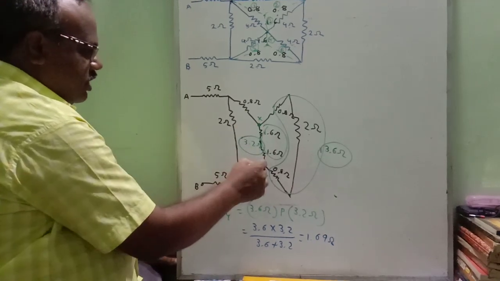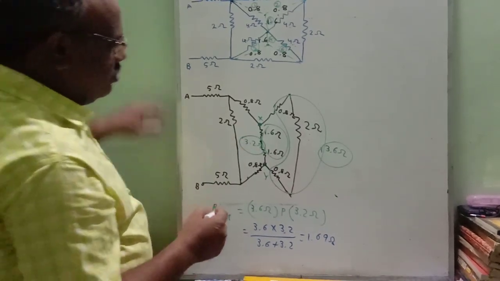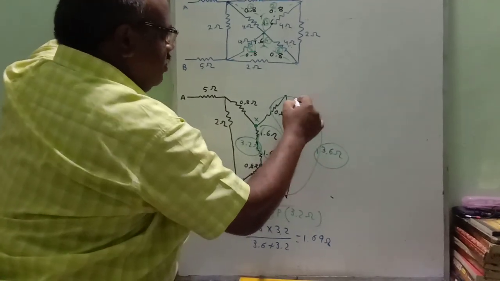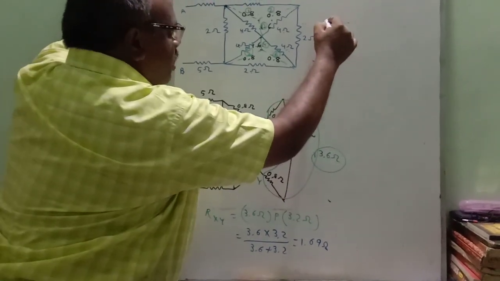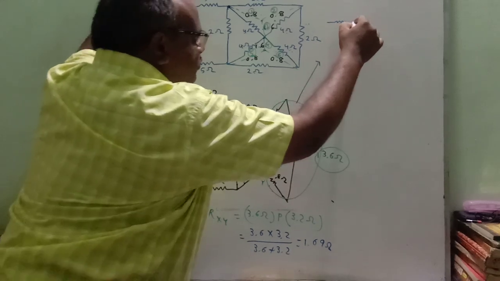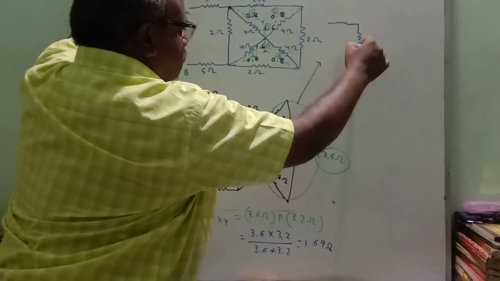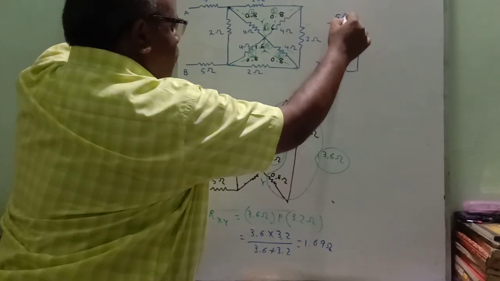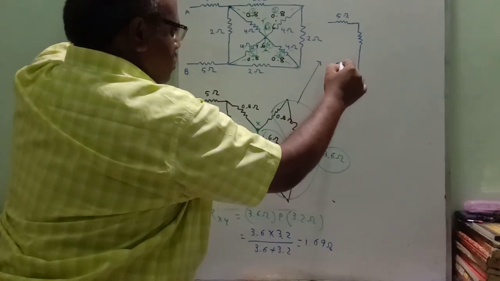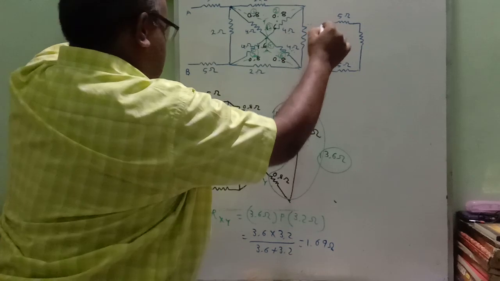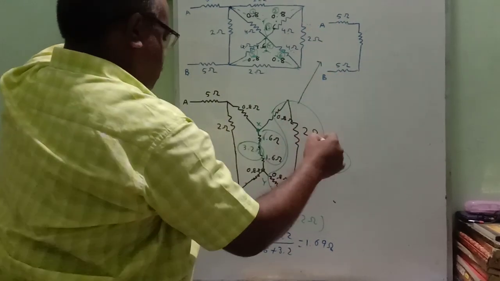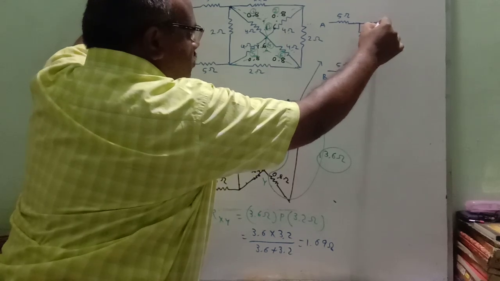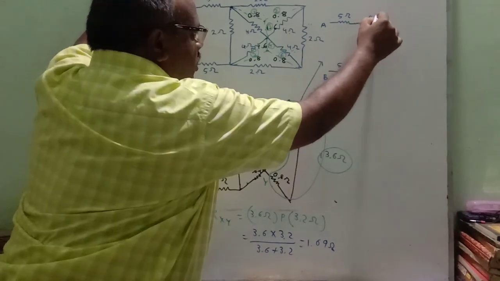It means if I reduce it, this figure will look like this. Now this figure will become like this. This is your 5 ohm, this is your 5 ohm, this is A, this is B. Now this is 0.8 ohm.